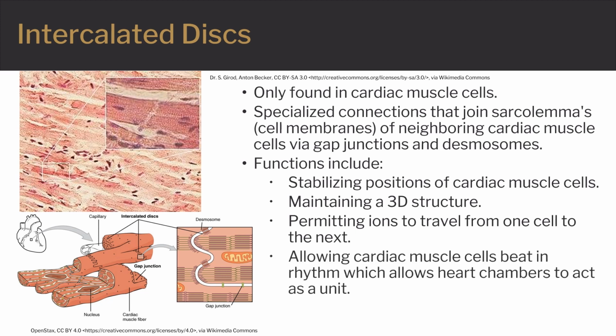Allowing the cardiac muscle cells to beat in rhythm allows the chambers of the heart to beat in unison, so that blood can be directed with a strong pumping motion, pushing blood from one chamber of the heart to the next, or from the heart to the lungs, or from the heart to the aorta, which then flows to the rest of the body.